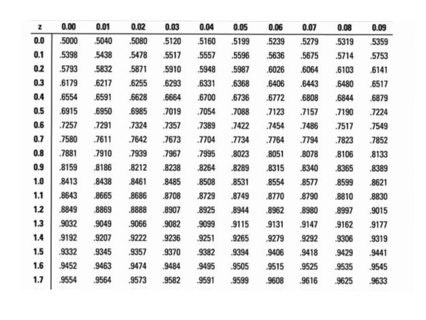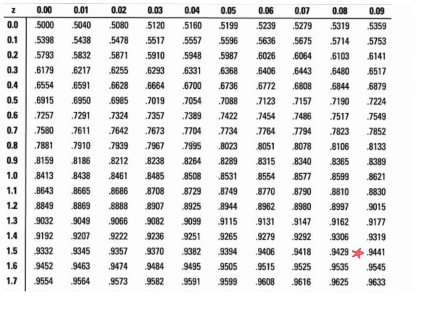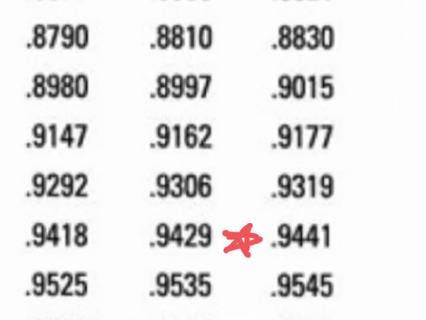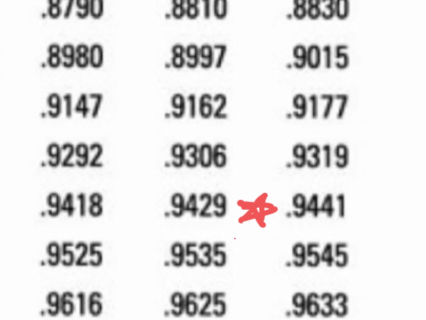We're looking for 94.35. And if you look, it falls right here. But let me pinch this open real big for you so you guys can see. If this is 94.35, you have to figure out which one he's closer to. He's 0.006 away from 94.29, and he's 0.006 away from 94.41.